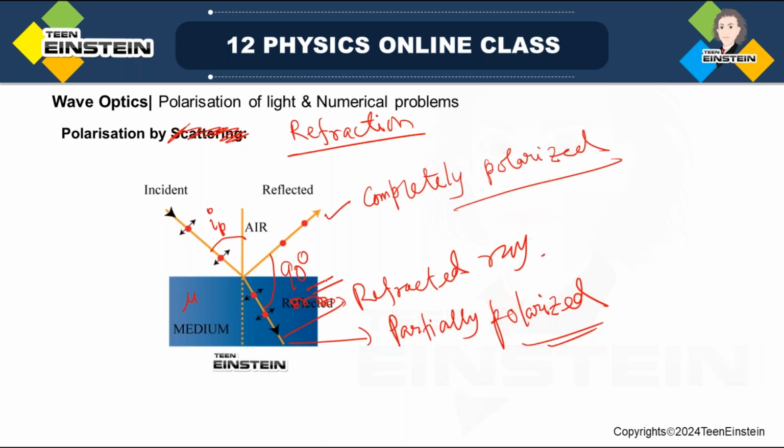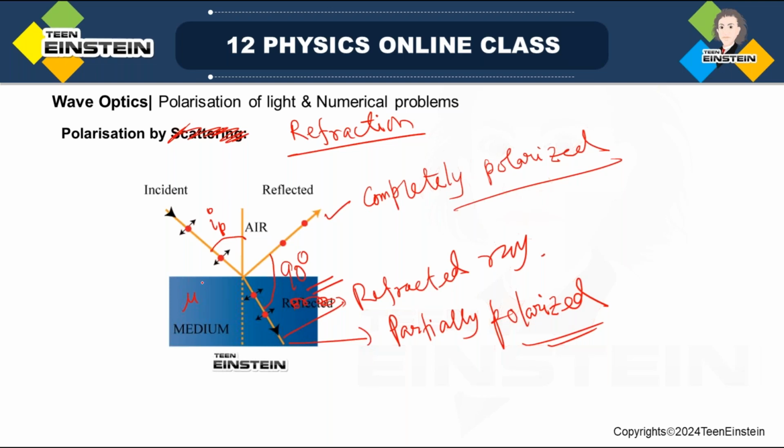So this is kind of a critical angle of incidence. This is all about polarization by reflection.